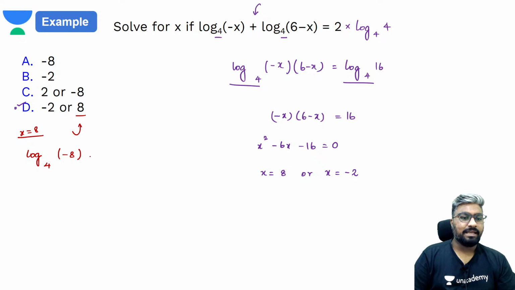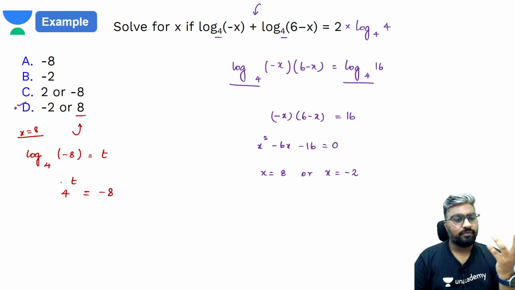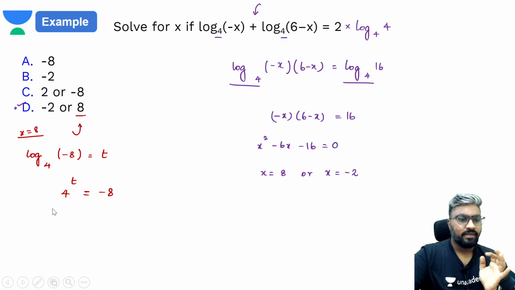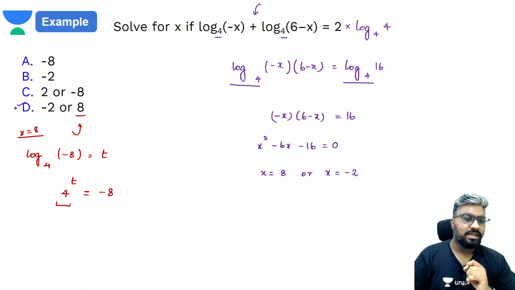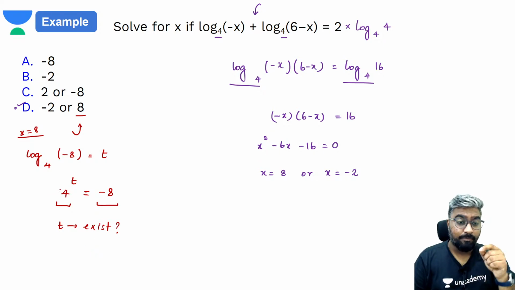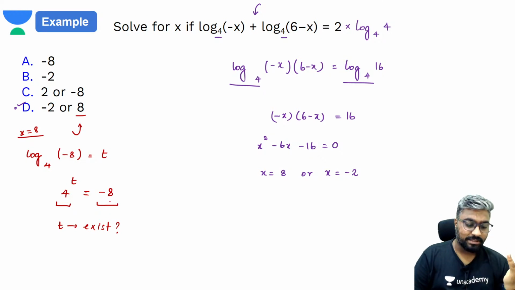Let's say log of minus 8 to the base 4 is t, just for example. What does this mean? It means 4 to the power t should be minus 8. For what value of t will 4 to the power t be minus 8, guys? 4 is a positive number, and you raise it to some power and want minus 8. Is there any value of t that exists? Raising a positive number to a power, can the result be negative?